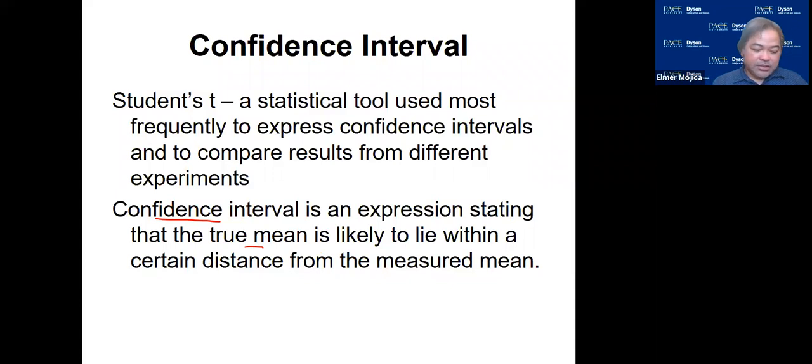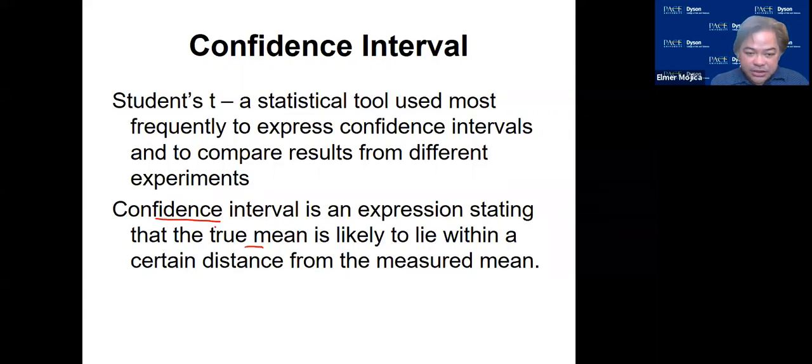Now, if we look at the meaning of the confidence interval, if we repeat the number of measurements many times to compute the mean and the standard deviation, the 95% confidence interval would include the true population mean, whose value we do not know, in 95% of the sets of the n measurements. So we say somewhat imprecisely that we are 95% confident that the true mean lies within the confidence interval.